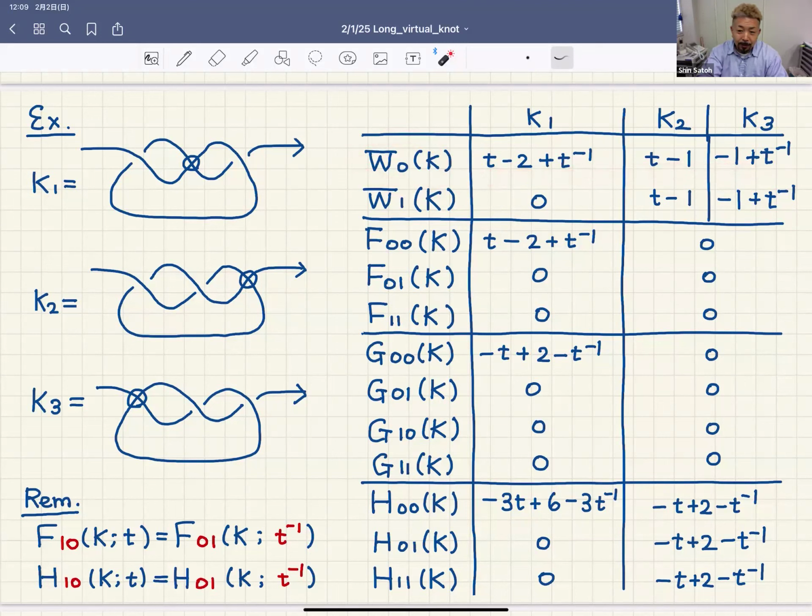But of course, this is not the general case. We remark that W0 of K1 is non-zero, but FAB vanishes for K2 and K3 for any A and B. This phenomenon is very important in our study, which will be explained later.